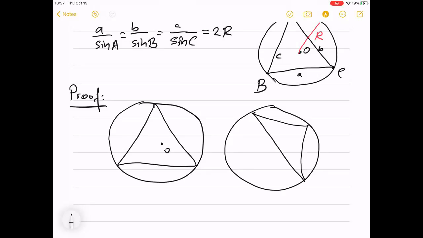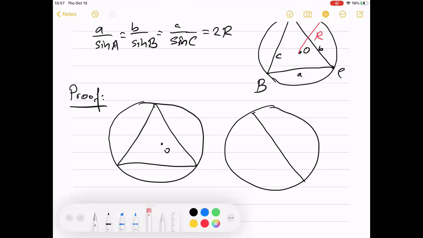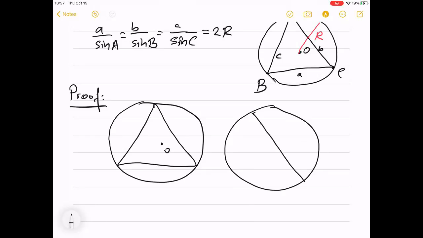I can use some ruler. That is ABC, or it may be like this. Now the center is outside of the triangle.